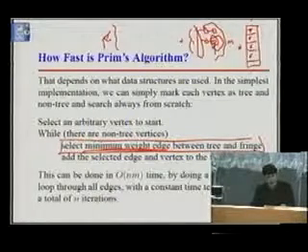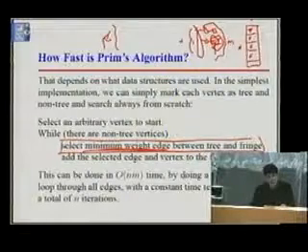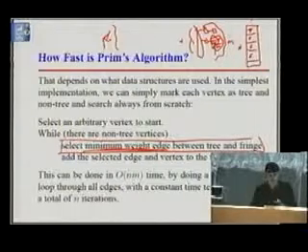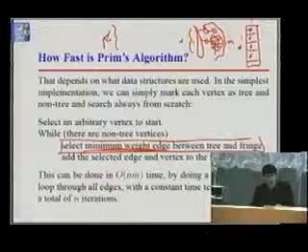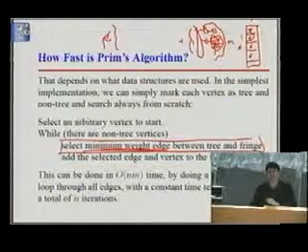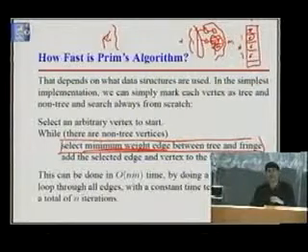This linked list cell tells me i is connected to j, and the weight of it is 100. So what am I going to do? Look at i. Is i in the tree or not? False, it's not in the tree. Is j in the tree? False. Well, neither of them are in the tree.